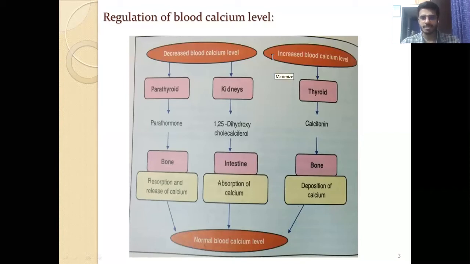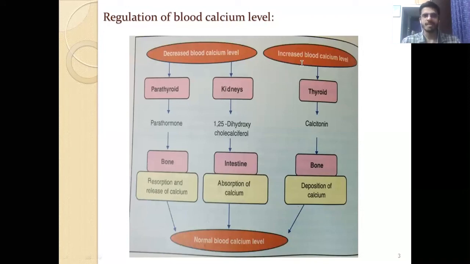Very good. Agents that cause contraction of the gallbladder are called? Cholagogues is correct. Agents that cause release of bile from the hepatocytes? Choleretics. Very good.